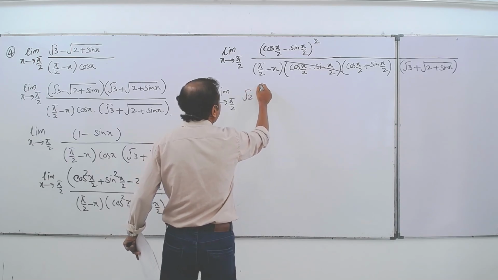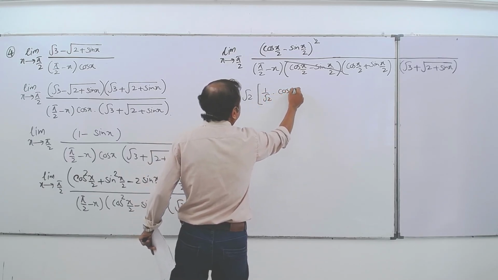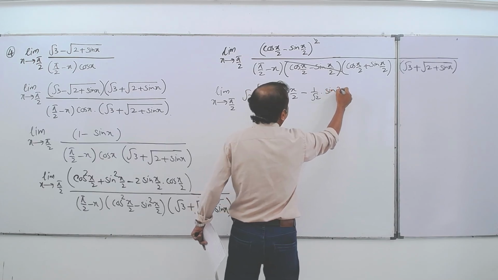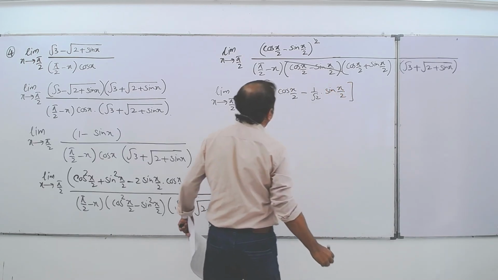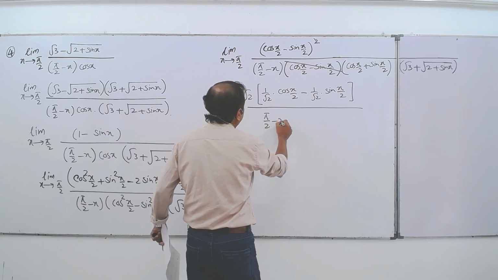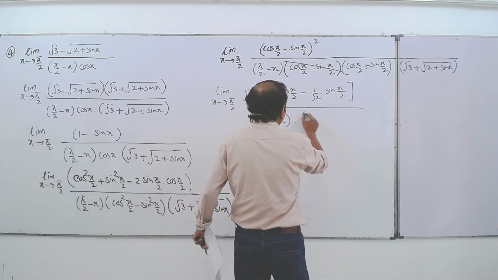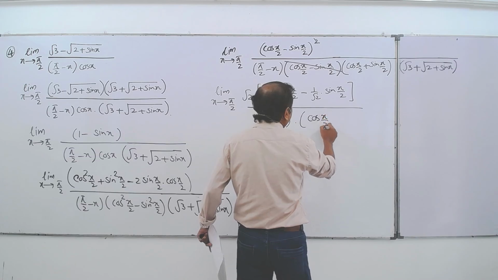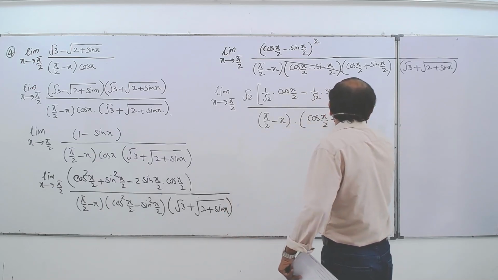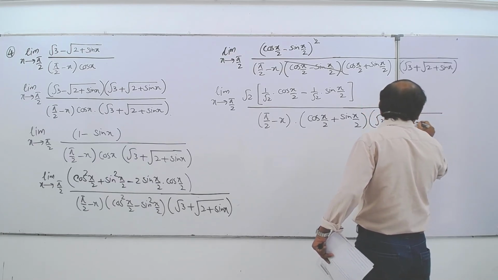Root 2, here 1 over root 2 cos x by 2, 1 over root 2 sin x by 2, divided by pi by 2 minus x. Cos x by 2 plus sin x by 2. Root 3 plus root 2 plus sin x.